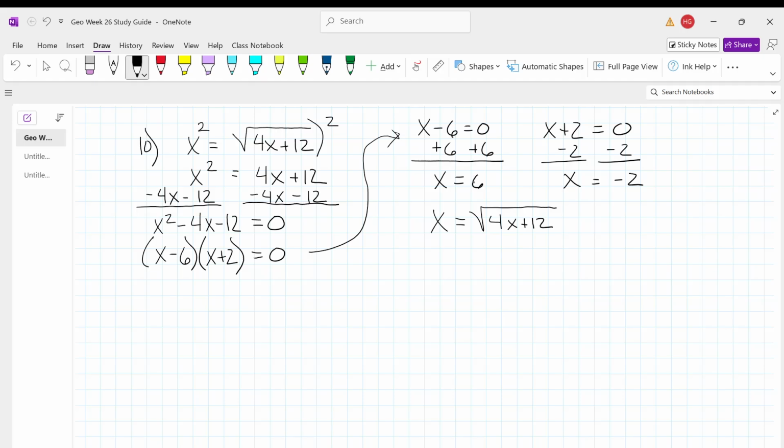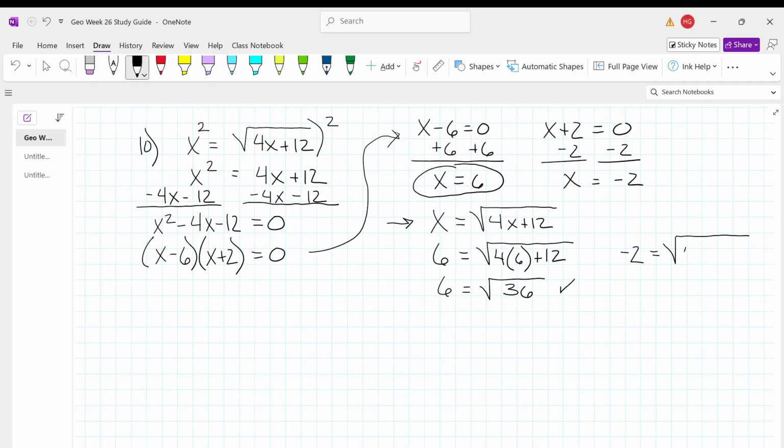So if we check this 6, does 6 equal the square root of 4 times 6 plus 12? Does 6 equal the square root of 36? And it does. So this solution works. That is a good solution. If you look at this next solution and plug it into this original equation, it would be negative 2 equals the square root of 4 times negative 2 plus 12.